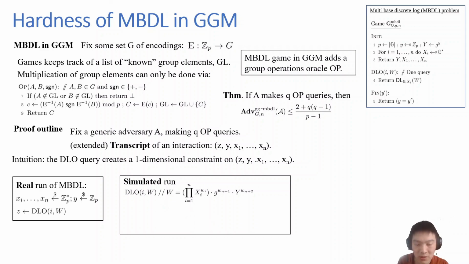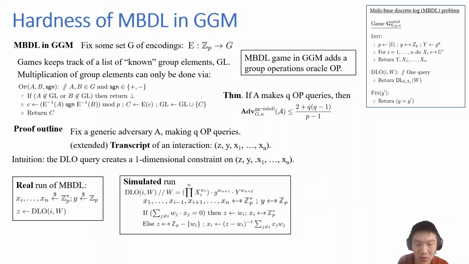So implementing this intuition, actually there's more to check, and we'll have to fix all the other elements to sample whether we're in the generic case or not. And if it is, we'll set Z to w_i, and then we'll sample this x_i uniformly at random. And if not, then we sample Z uniformly at random, subject to it not being this value w_i, and then solve for x_i.